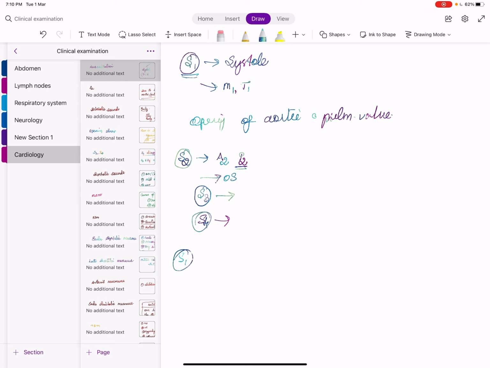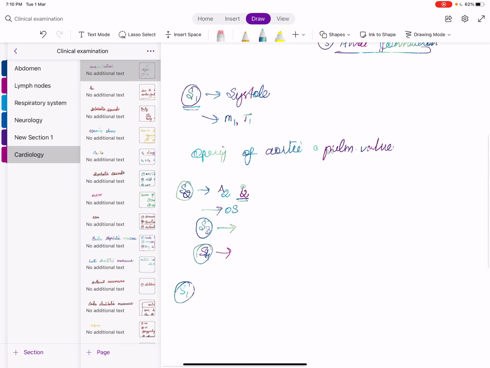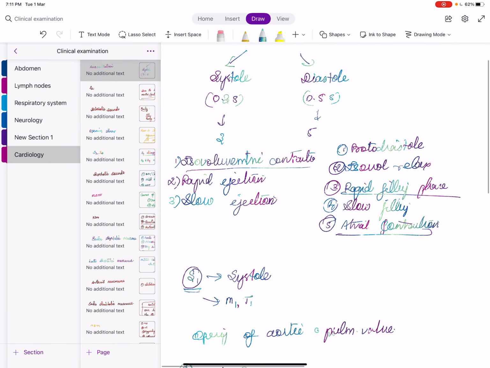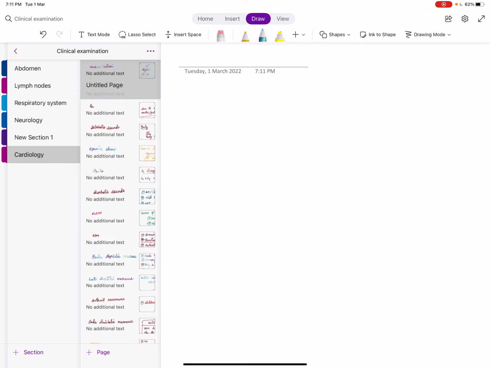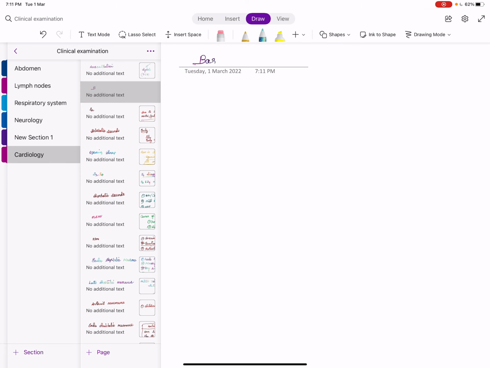So the important phases in the entire cardiac cycle are, first, isovolumetric contraction, following the closure of the mitral valve and tricuspid valve at the beginning of systole. Then come the rapid ejection and slow ejection phases. When the pressure drops, the first event in diastole is the closure of the aortic and pulmonary valve, which causes S2, the second cardiac sound. Then the opening of the tricuspid and mitral valve causes the rapid filling phase.